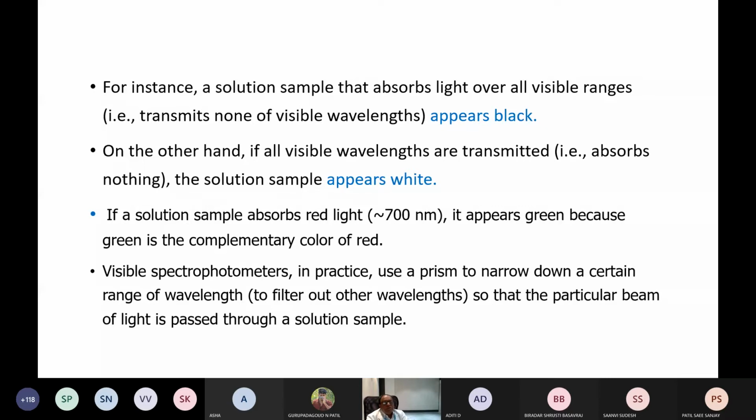If a solution has absorption of red light, it appears green, because green is the complementary color to red. That is how they select the filters for the colorimeter. The same selection of filters is applicable in the auto analyzers, which will come in the next slides.